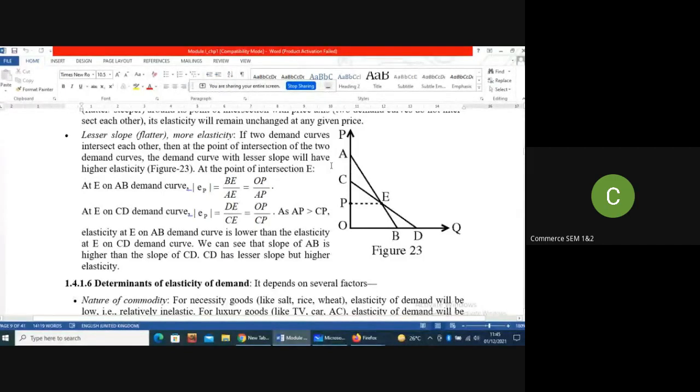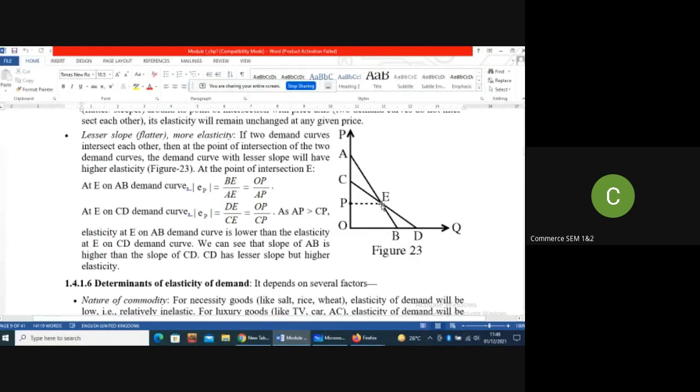Now the third case: we have two demand curves AB and CD, and those two demand curves are intersecting each other at point E. Now here, something else will happen. What will the value of elasticity be at point E corresponding to the price P?